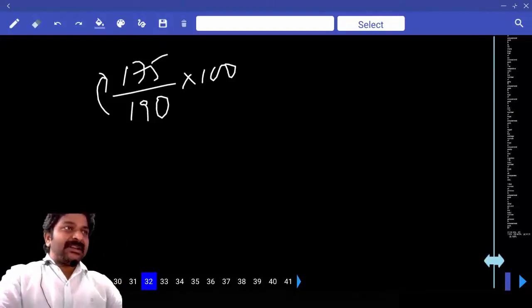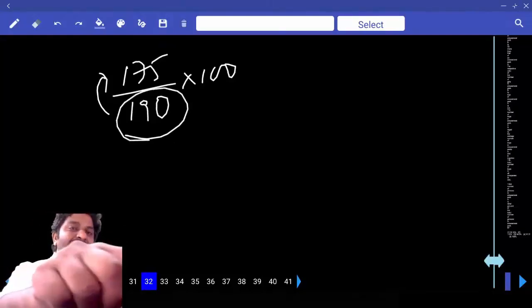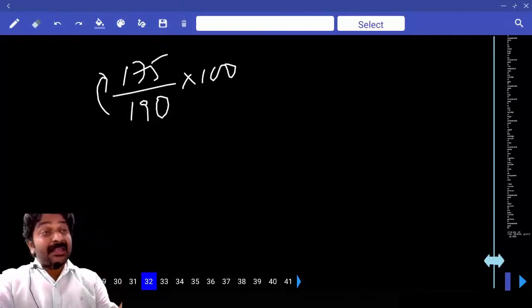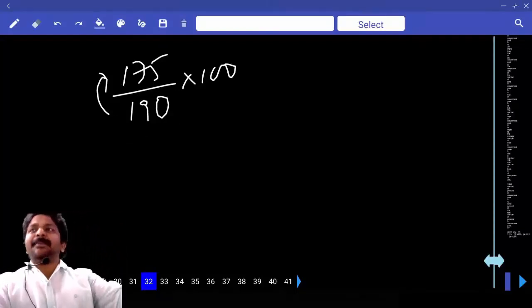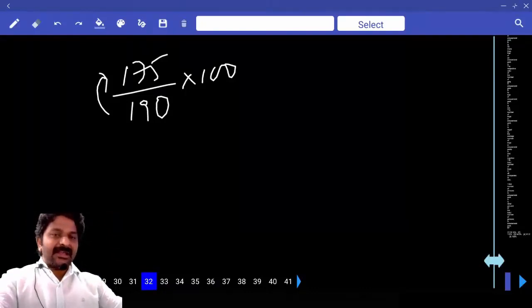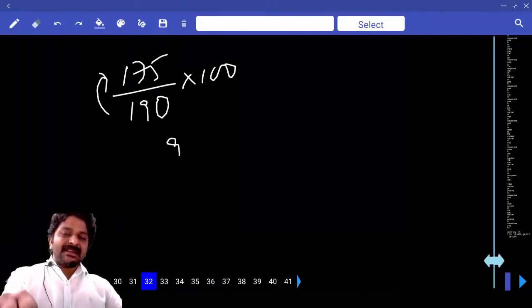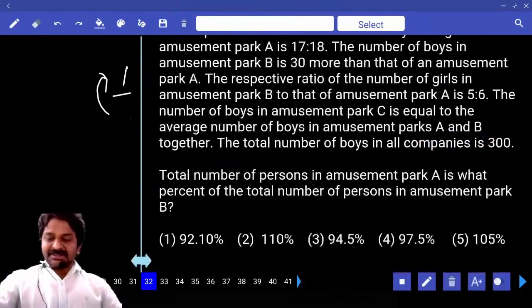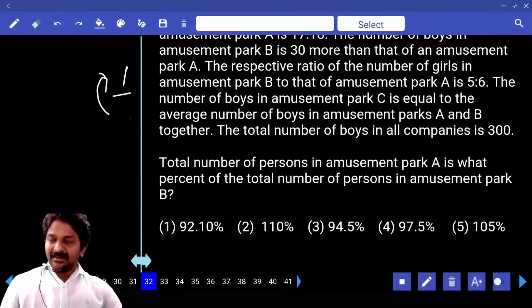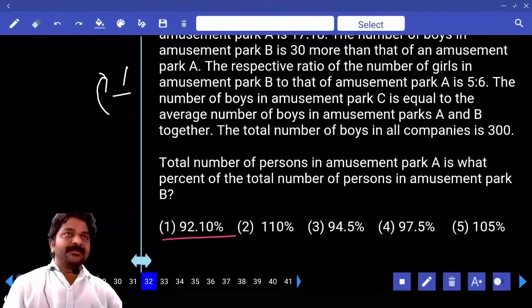Less than 10%. 10% is 19, but our number is only 15 less, which is less than 10%, correct? That may be 9% or 8% approximately. Then if you subtract it, the answer may be 91 or 92, somewhere around 91, 92%. Look at your options directly. How many options are there? Only one, the first option.